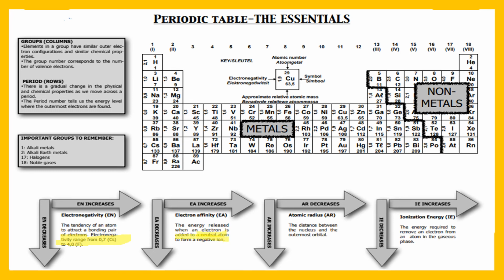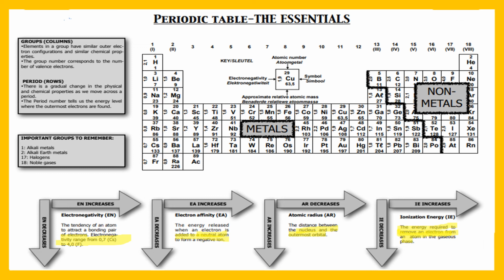So, energy is released and a negative ion is formed. This is electron affinity. Atomic radius is the distance between the nucleus and the outermost orbital. And ionization energy is the energy required to remove an electron from an atom in the gaseous phase.